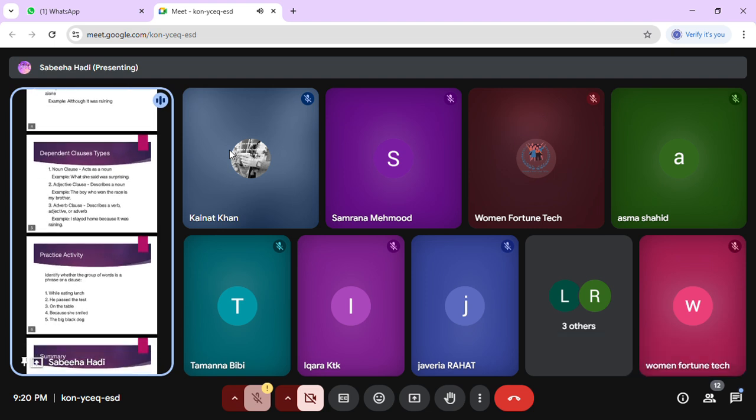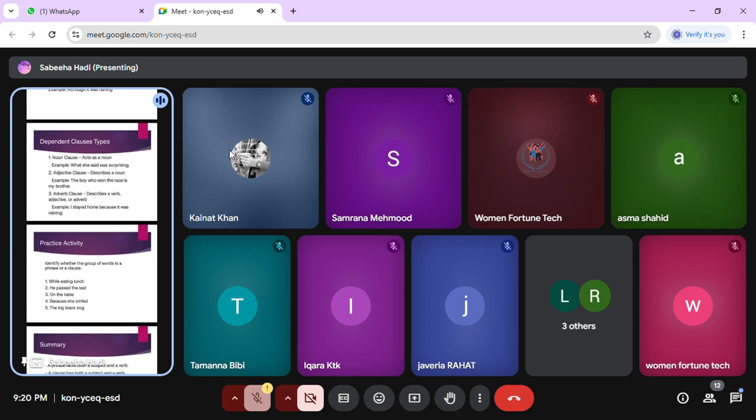Now the adverb clause. An adverb clause describes a verb, adjective or adverb. For example, "I stayed home because it was raining." "I stayed home" describes a verb, and "because it was raining" too. Here there are two clauses, one dependent and another independent. Who can tell me where the dependent clause and the independent clause are in this sentence?